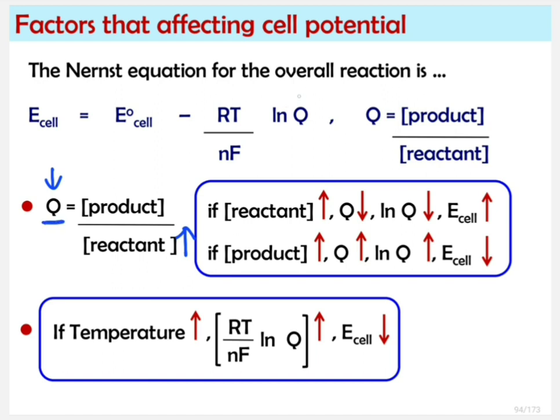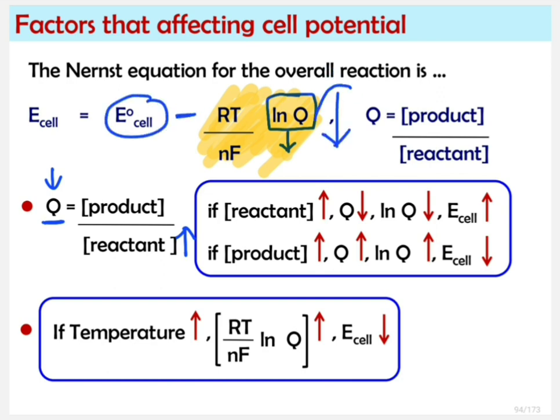Bila Q decrease, this whole expression sebab dia multiply pun akan berkurang. So something tolak benda yang makin kecil, menyebabkan E cell akan meningkat. Jadi conclusionnya kalau reactant concentration is increased, the value of cell potential will increase.